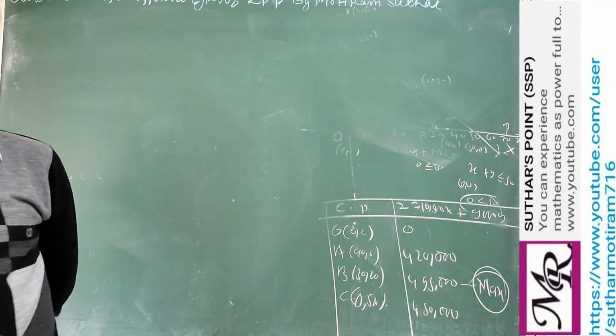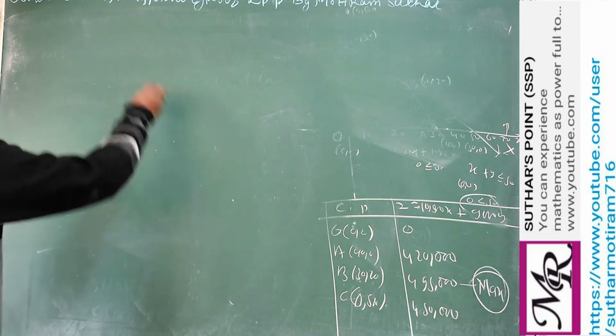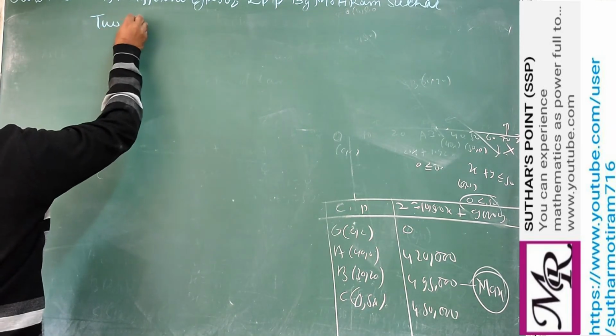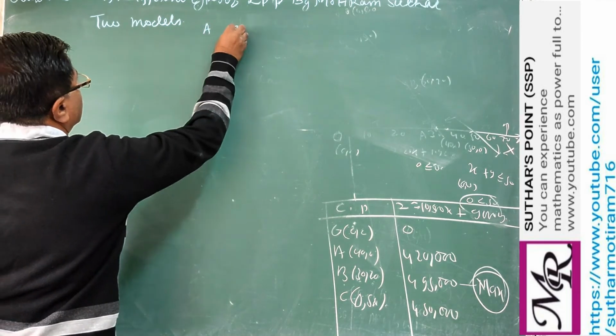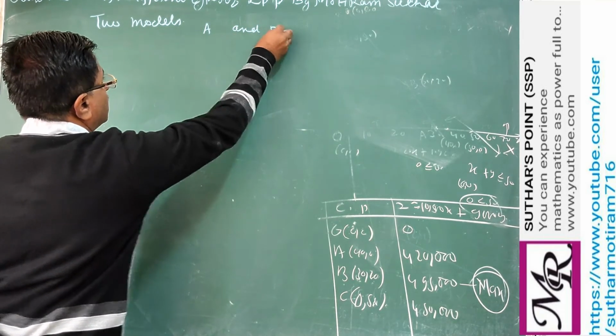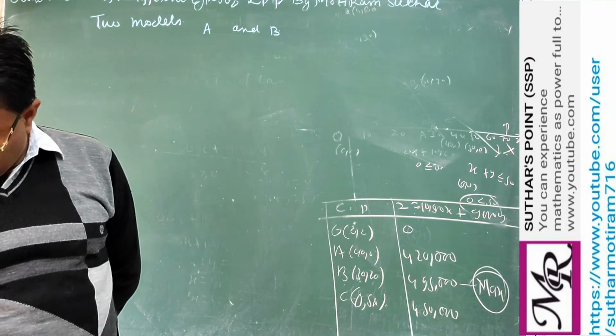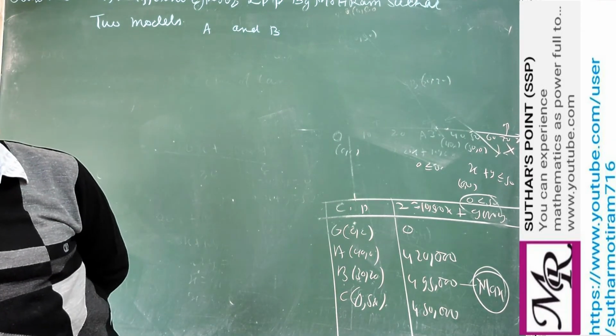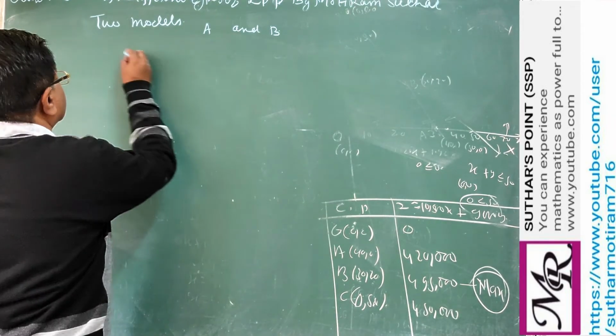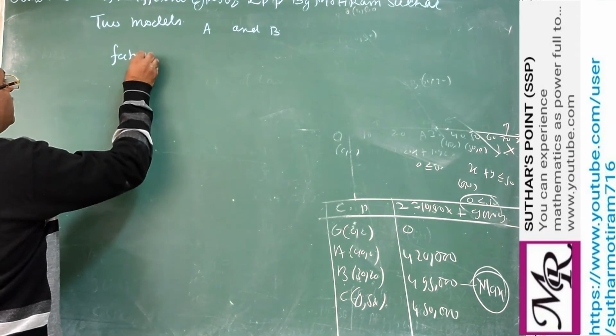A company makes two models, A and B. Each piece of model A requires 9 labor hours for fabricating. So here we need fabricating.